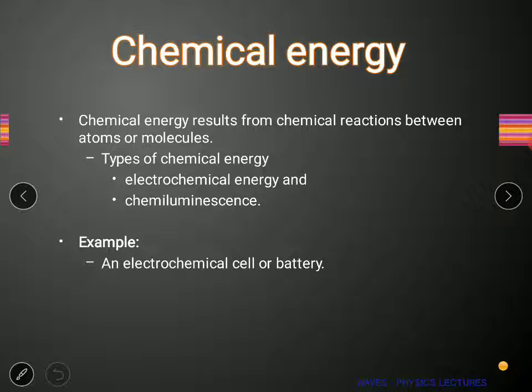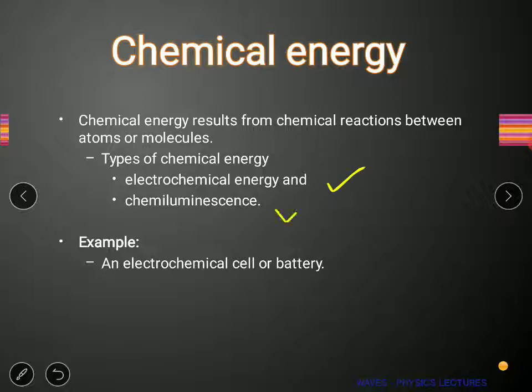And why does that happen? Because there is a chemical reaction that actually happens. That is why you get the output here. If you consider something like a jellyfish which glows in the dark, that is nothing but a chemical reaction, and that is chemiluminescence. The electrochemical energy that we have stored in a battery is also an example of chemical energy.